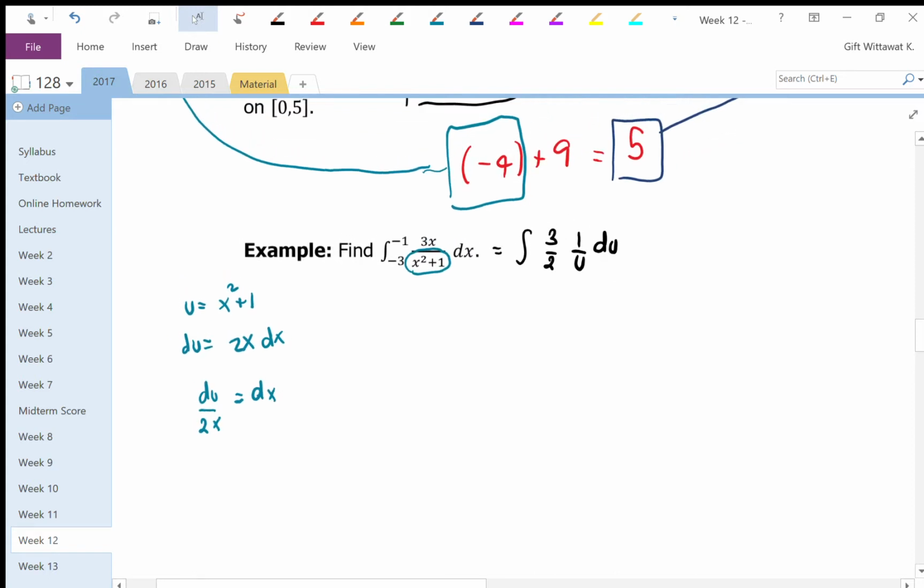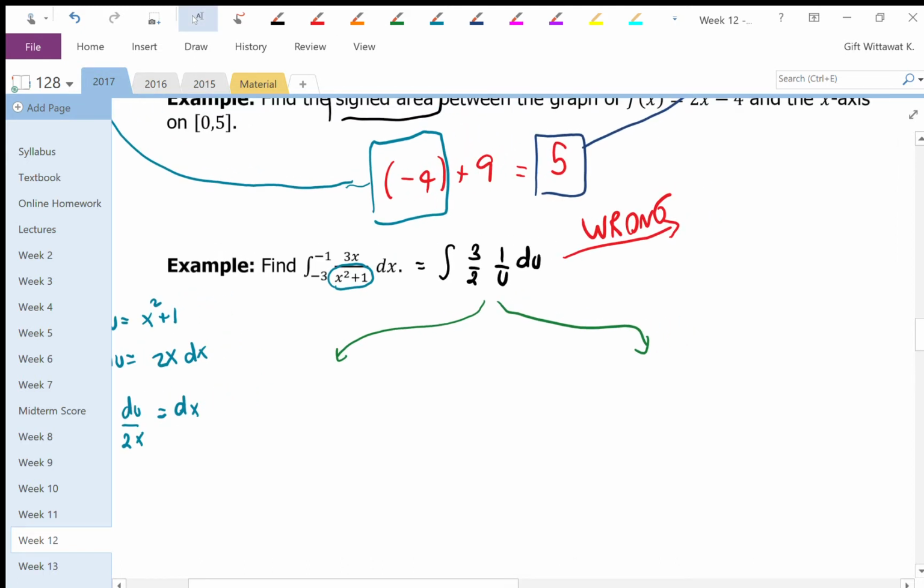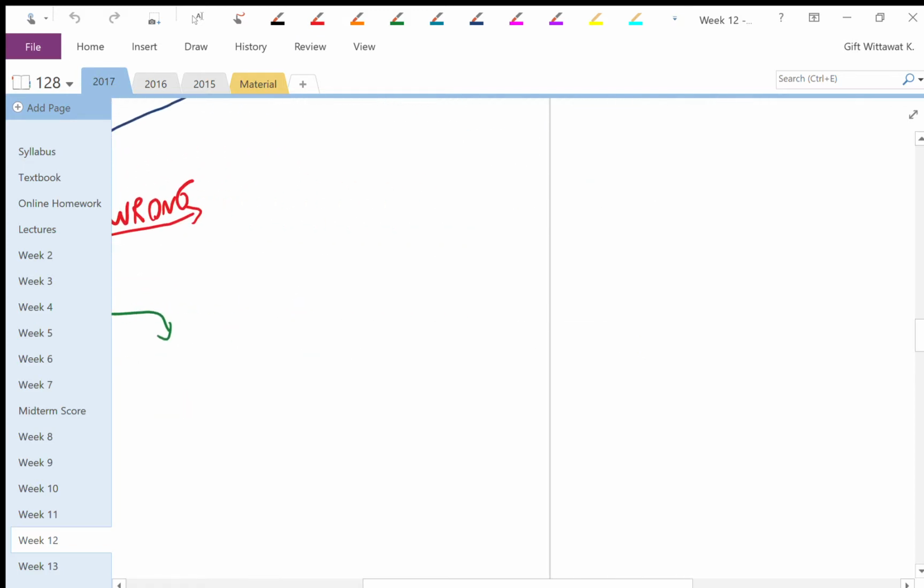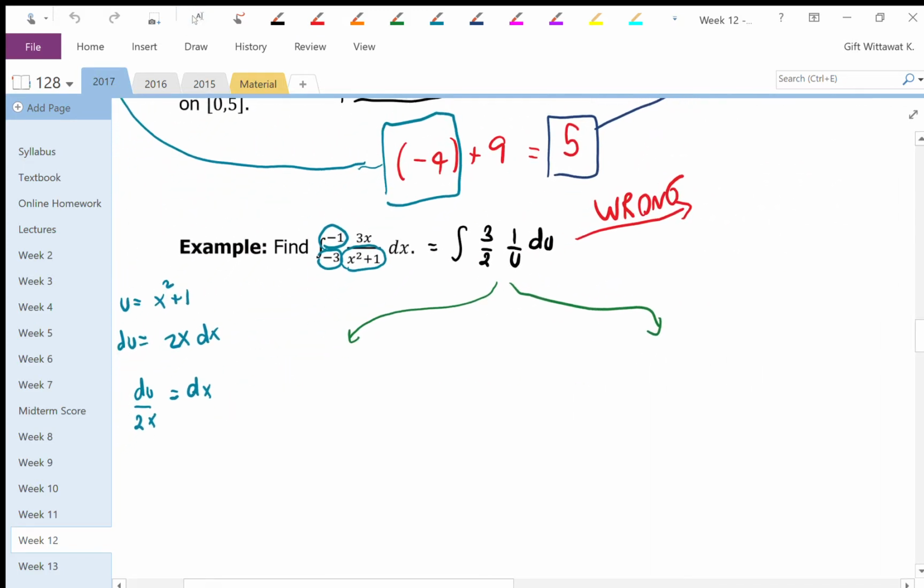Now, there are two ways to deal with this. But before I get into that, let me show you first the wrong way to do this. The wrong way, because things get a little complicated since there are numbers -3 and -1 involved. I do the u-sub and get 3/2 times 1 over u du.